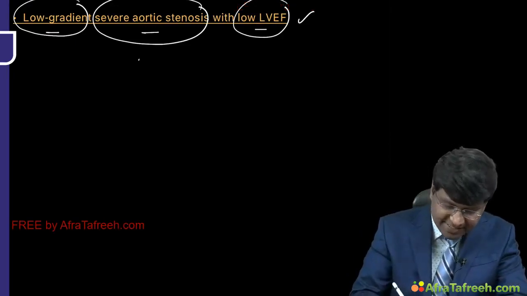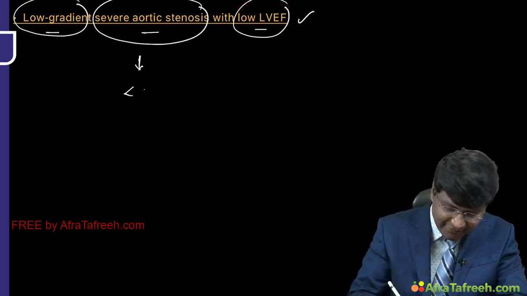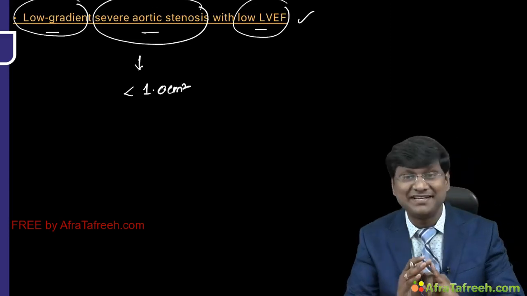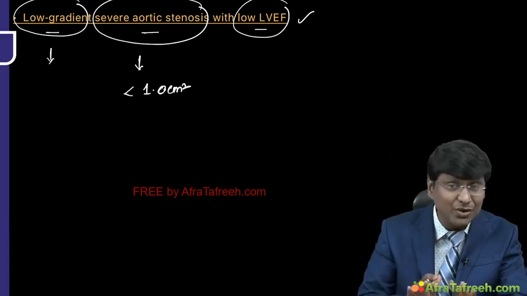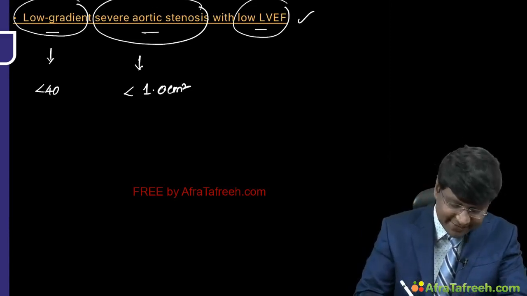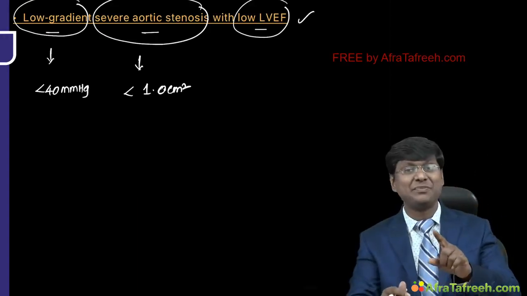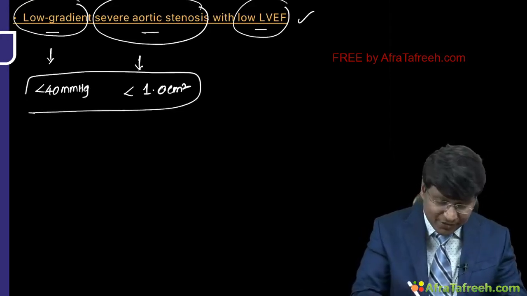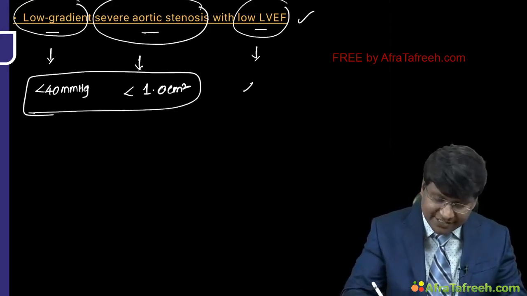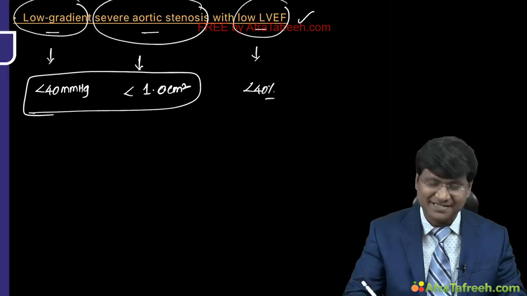So, in severe aortic stenosis, the valve area will be less than 1 centimeter square, right? And you take the gradient, it's a low gradient, so it is less than 40 millimeters of mercury. Normally in severe, how much should it be? More than 40, right? And this particular scenario you come across when the ejection fraction is less than 40%.